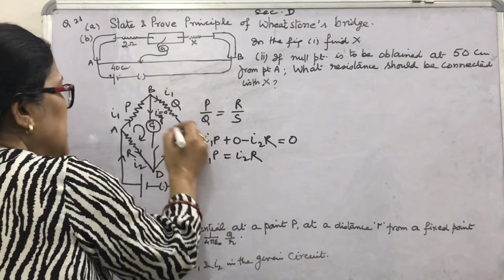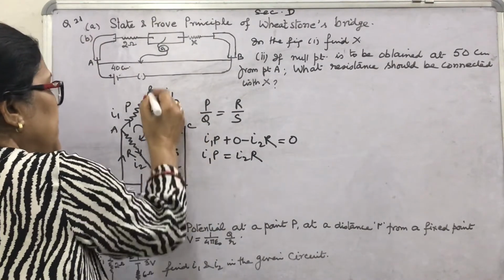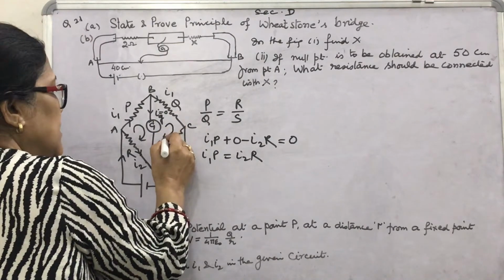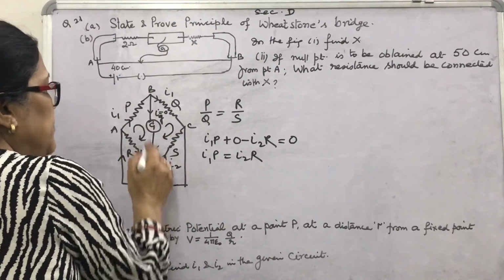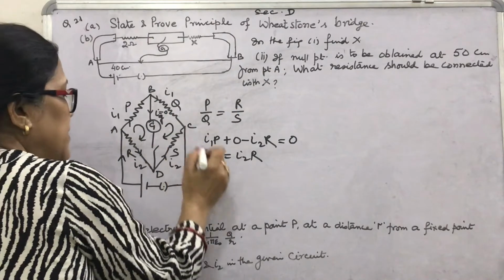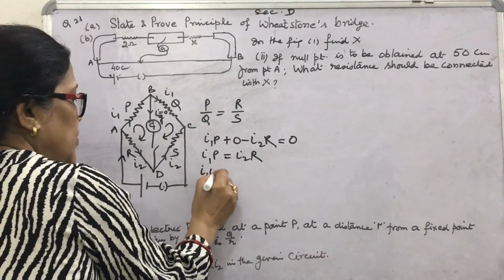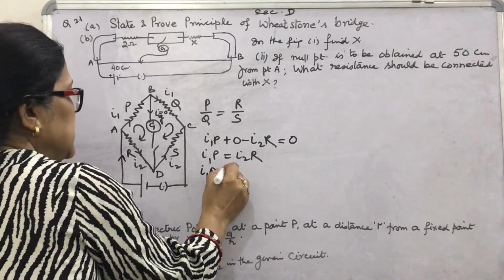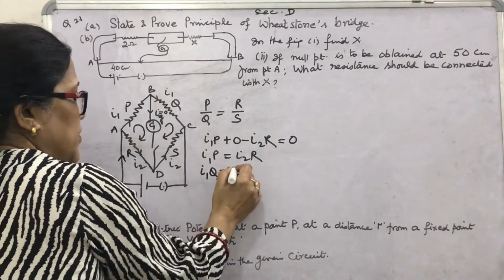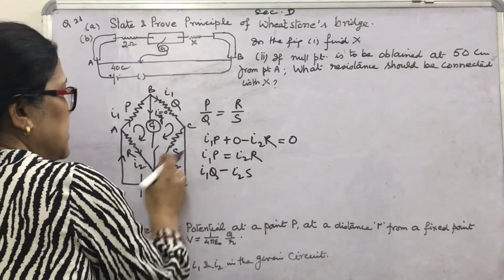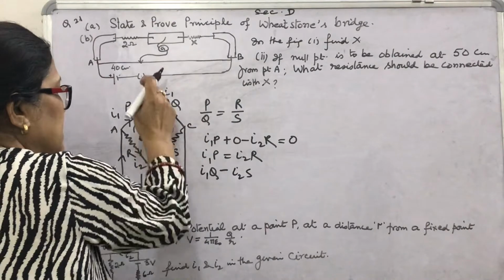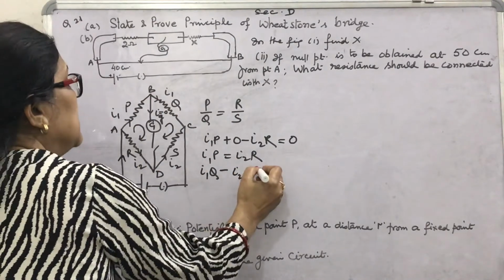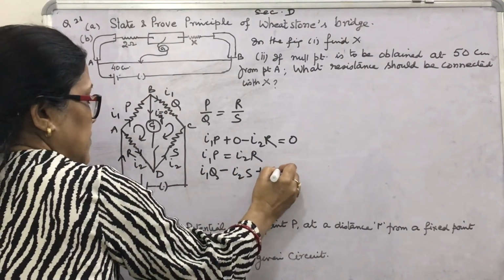Similarly, in this loop B, C, D, B, if you take this closed loop, what will you write? This I1 into Q minus this I2 into S. Look, the direction is opposite, and there is no current in the galvanometer, so this is equal to 0.